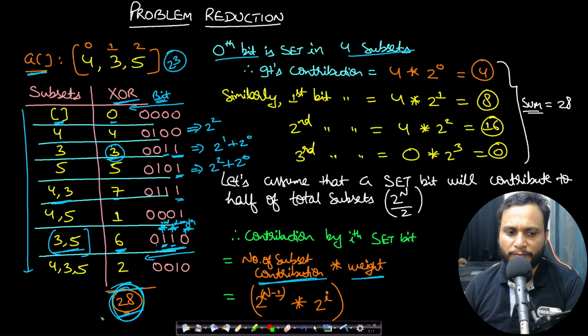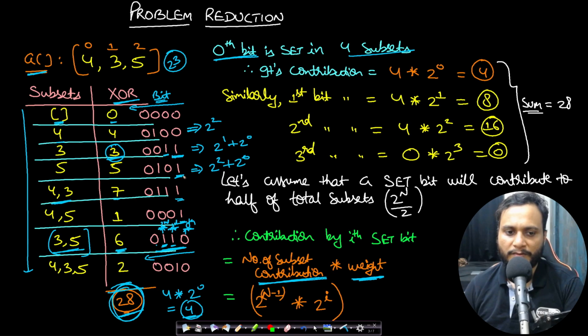So we don't need a proof for this because this is basic bit manipulation. If the 0th bit is set in 4 subsets, then its contribution will be the number of subsets in which the 0th bit is set multiplied by the weight of the 0th bit. The weight of the 0th bit is 2 to the power of 0, and if it is contributing in 4 sets, then it is contributing a total sum of 4, which is true in this case, right?